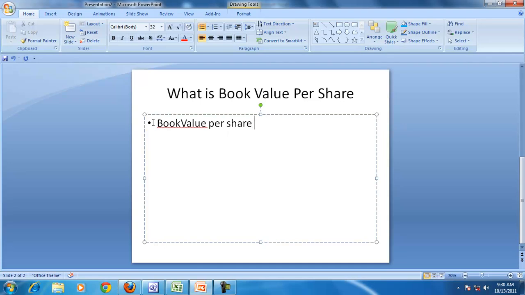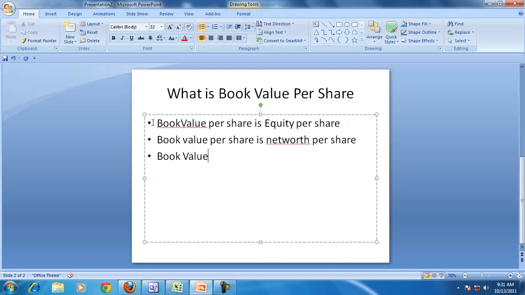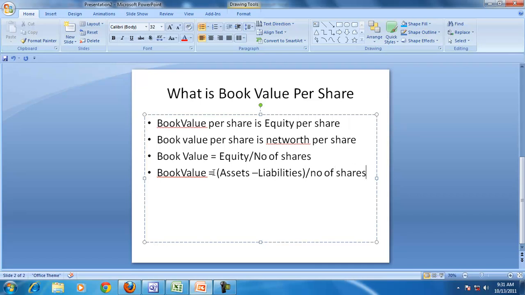Book value per share is equity per share, or net worth per share, and it is calculated as book value is equal to equity divided by number of shares, or book value is equal to assets minus all liabilities divided by number of shares.